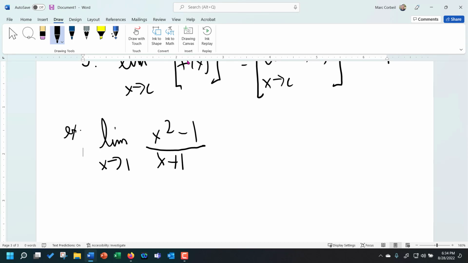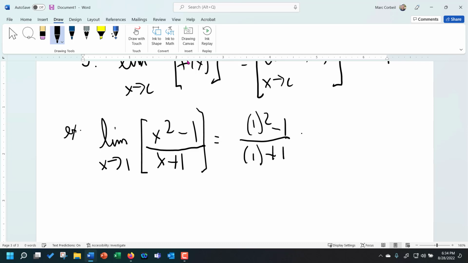We could do this in 2 ways. We could take the limit on the top and then the limit on the bottom, but most times we're simply just going to plug it in everywhere. So 1 squared minus 1 is 0 in the numerator, 2 in the denominator, so we get 0 ultimately, which is a nice number. We don't have any division by 0, any issues with that one.